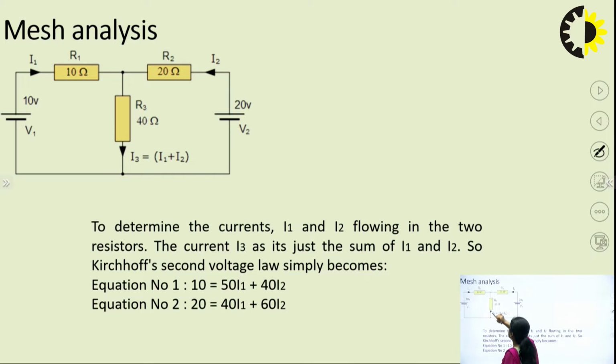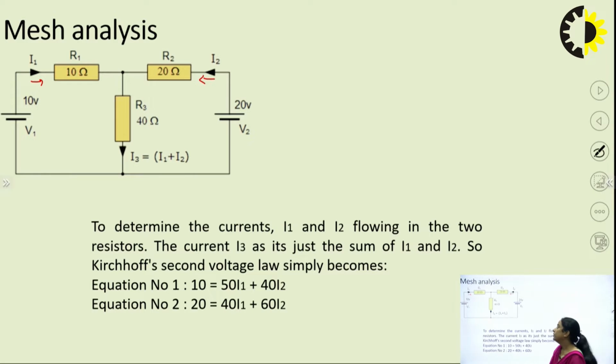Okay, so now here this is the 20-volt source also. Now we had assumed that this 20-volt source is giving current I2 to the given network. So I1 is the current given to this network by the 10-volt source and I2 is the current given by the 20-volt source.